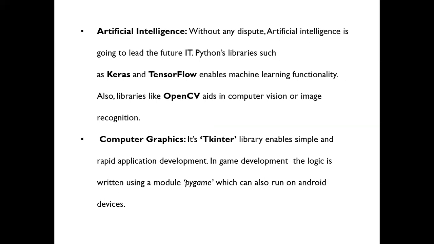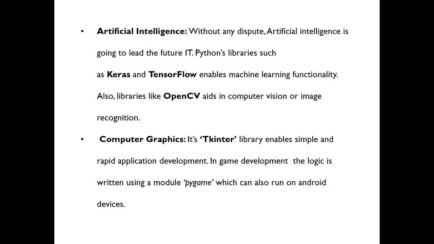Especially it includes artificial intelligence. Python has Keras, TensorFlow, OpenCV, and a lot of things that are very helpful to learn artificial intelligence, machine learning, and neural networks. So three different things are covered with a single programming language.